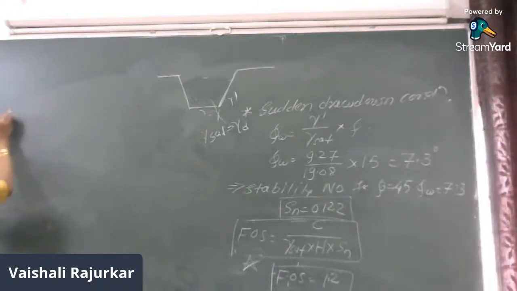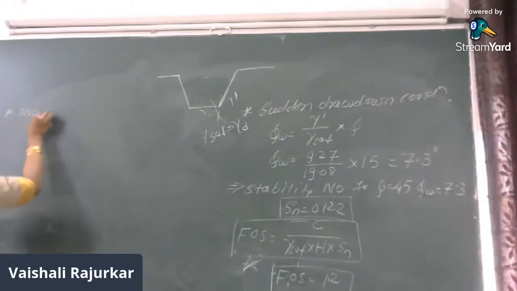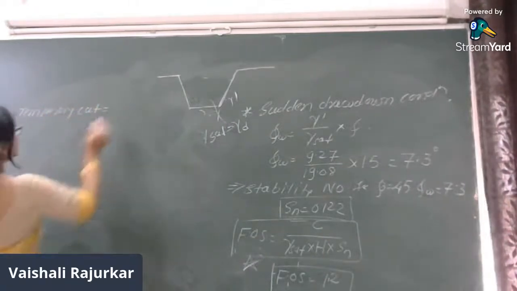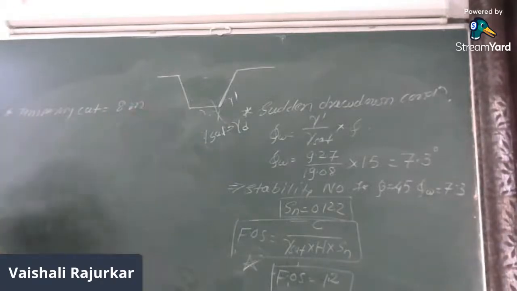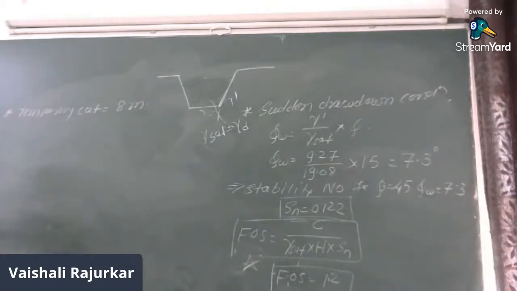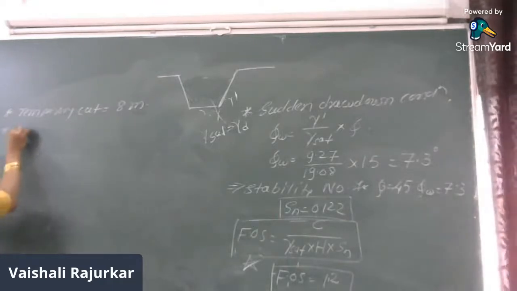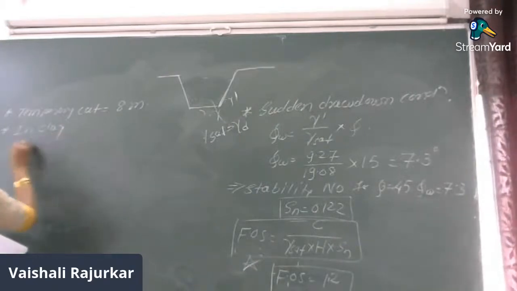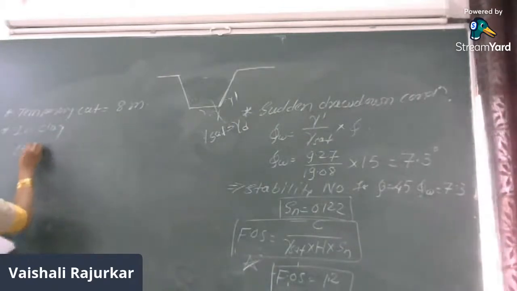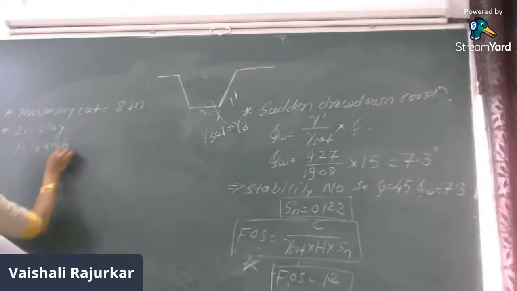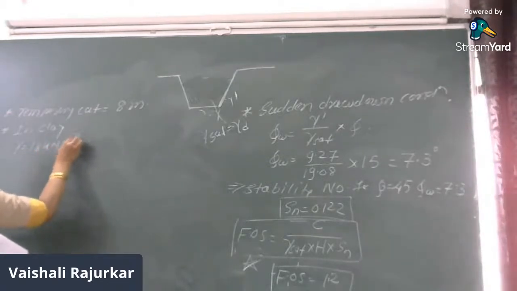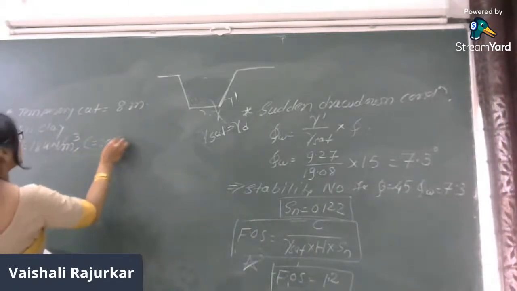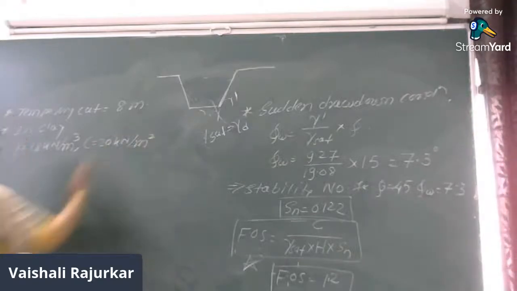When there is a temporary cut, 8-meter deep, made into the clay, of unit weight gamma 18 kilonewton per meter cube, and C is 20 kilonewton per meter square.